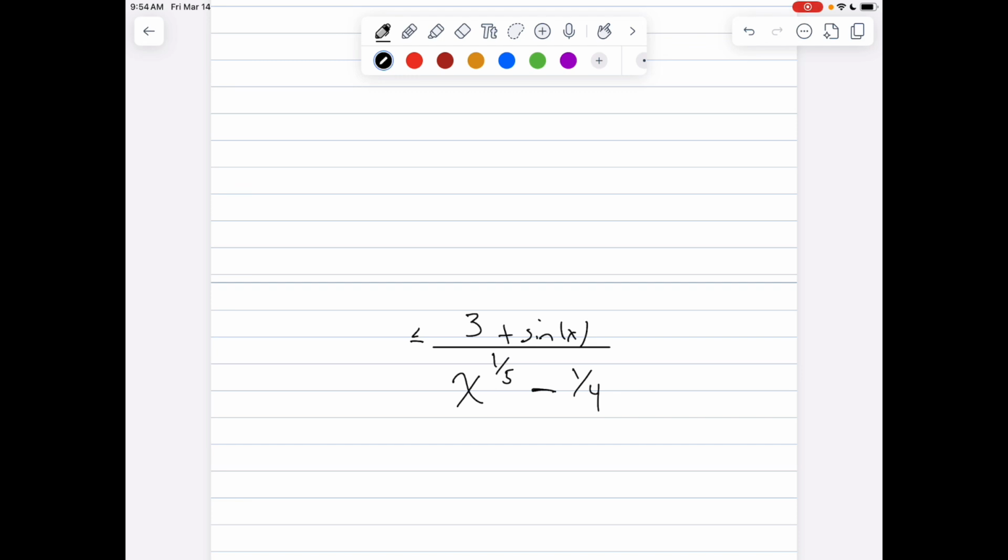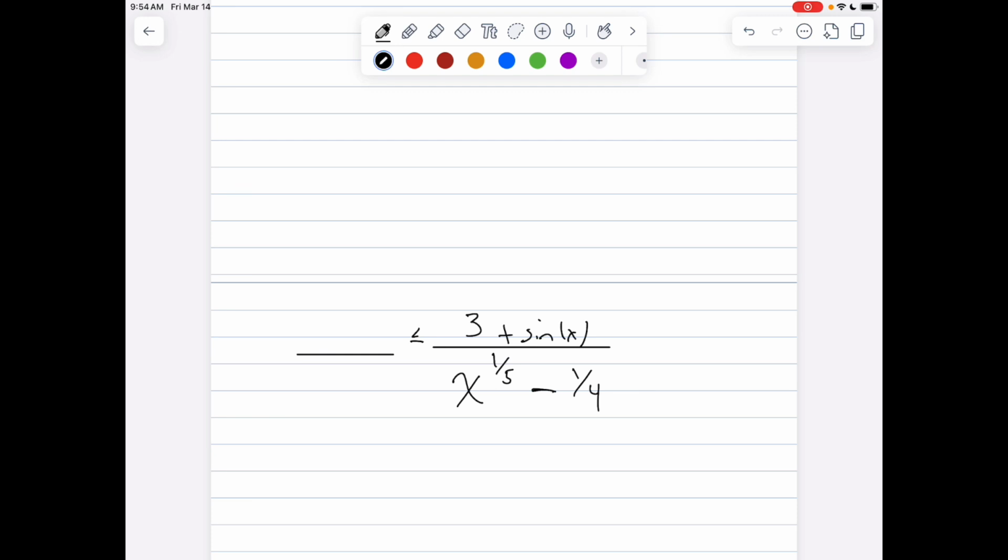There's a rule that says a fraction with the same numerator but a smaller denominator will be bigger than a fraction with the same numerator and a larger denominator.